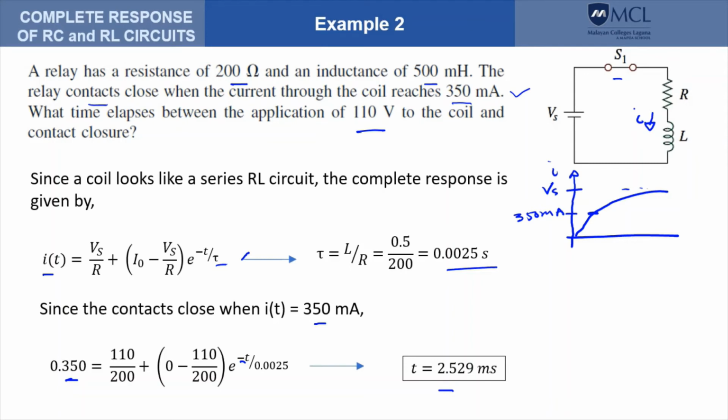Well, that is fast enough, although not that immediate. That is, if I apply the 110 volts, the contacts do not immediately close. So there is a little time delay, and that delay is given by this.